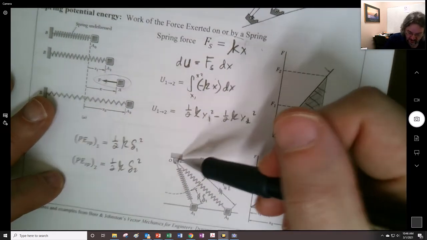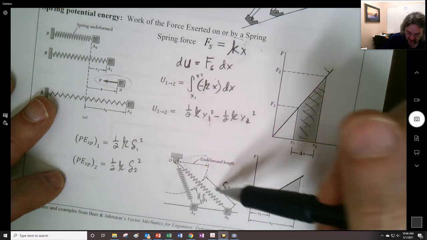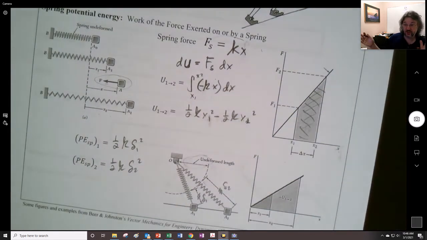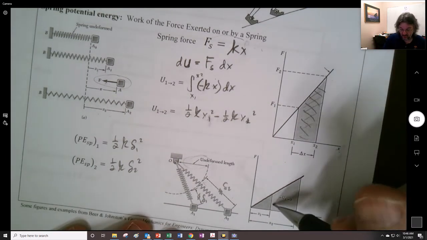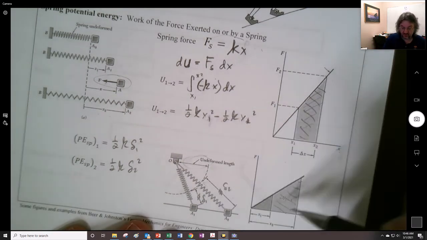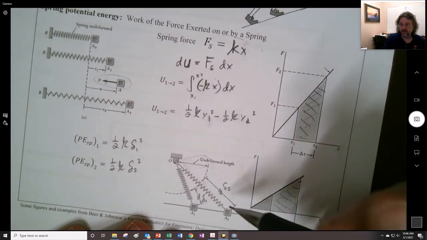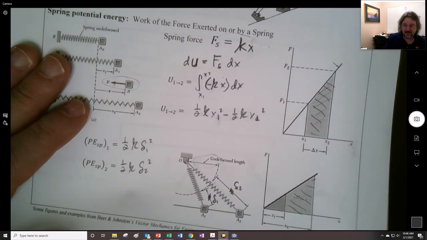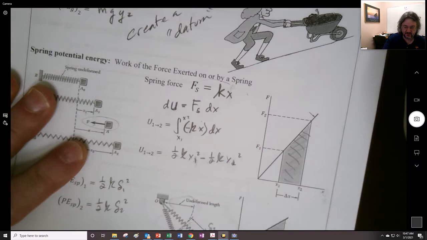Right, so you just need to know about the undeformed length right here and the position, and figure out how much longer it is, or shorter, because this also will work in compression right here. And what we've really found right here is the amount of energy that's going to be stored in the system from right there. And they're playing around with that negative work here because they're talking about whether something's in or out of the system.